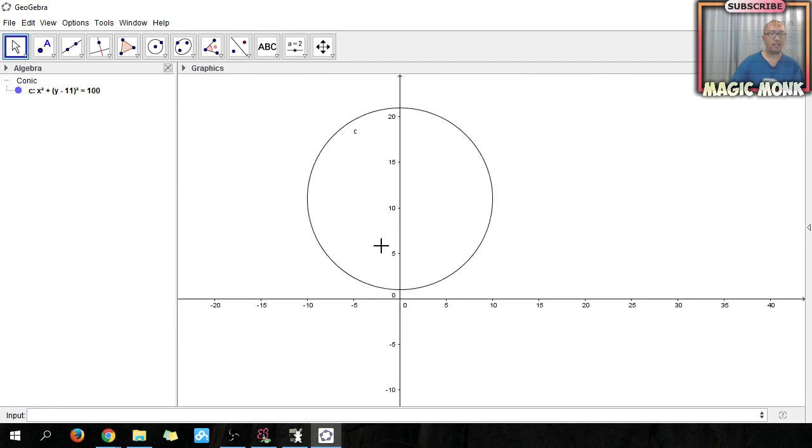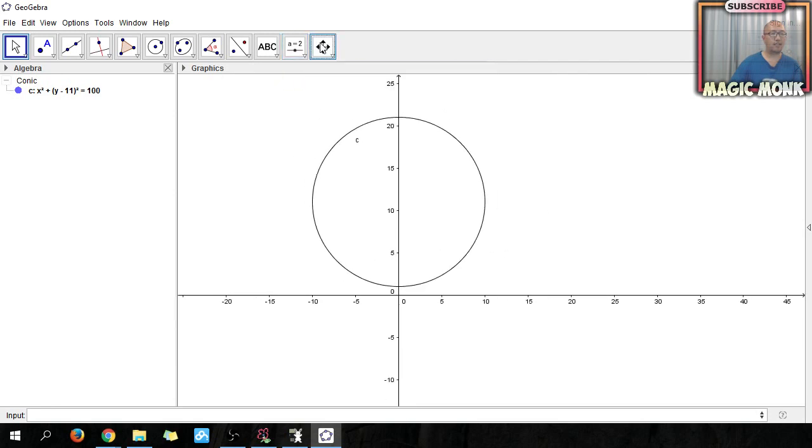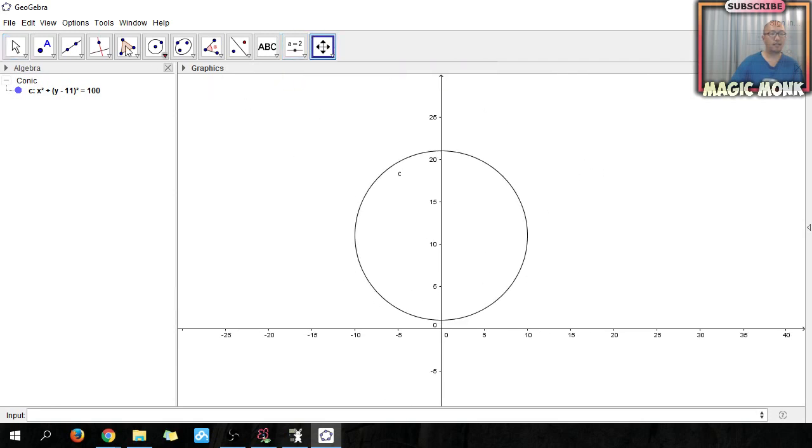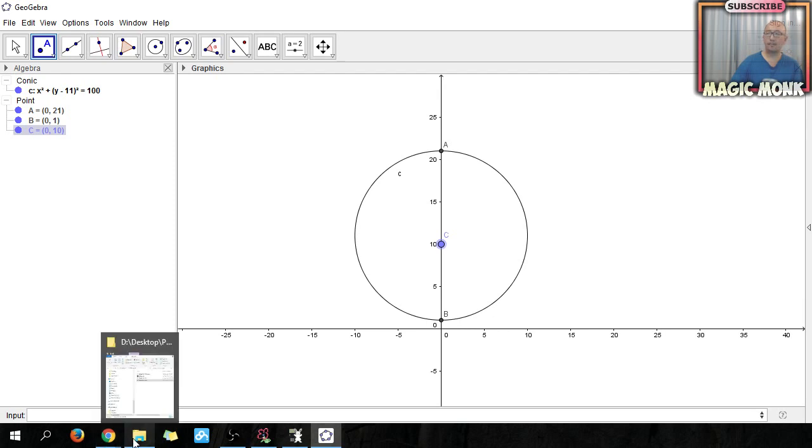So yeah, I guess that gives me, because we got x equals 0, y is 21, x equals 0, y is 1. And then the midpoint is x is 0, y is 10.